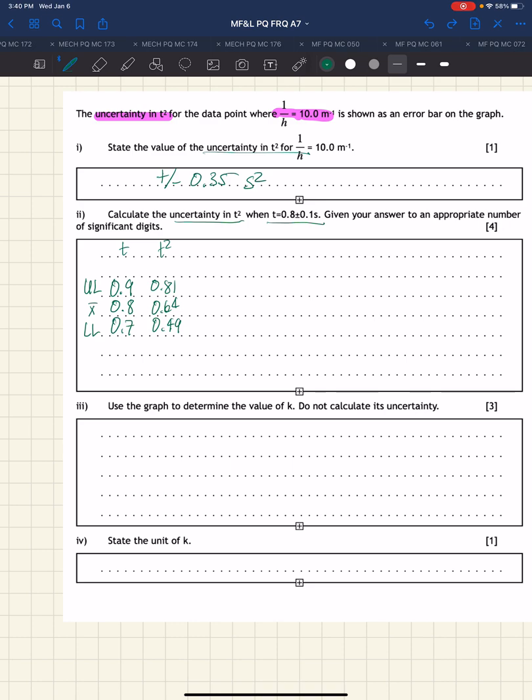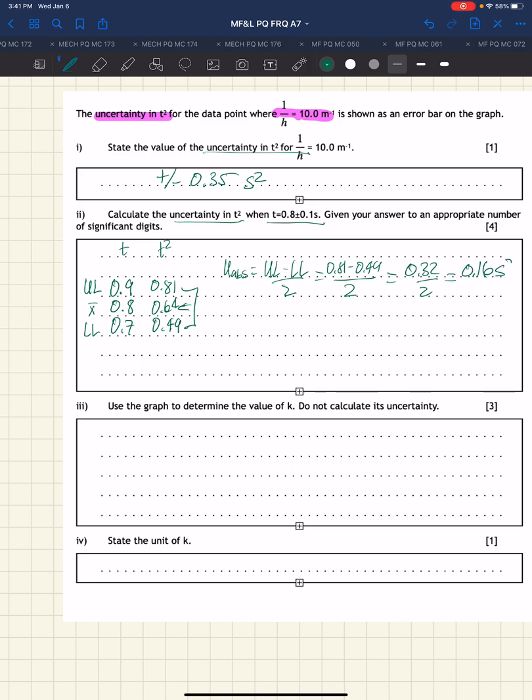And if t squared is 0.64, what is the plus or minus associated with that? The absolute uncertainty is always the upper limit minus the lower limit over 2. These two divided by 2 should put the mean right in the middle. 0.81 minus 0.49 all over 2. That gives us 0.32 over 2, which is 0.16.